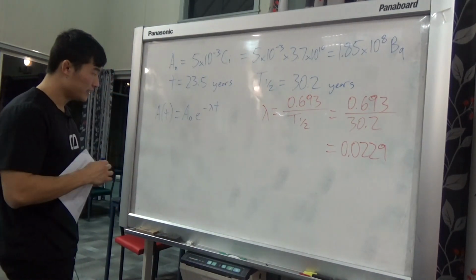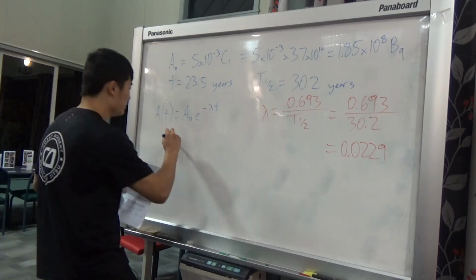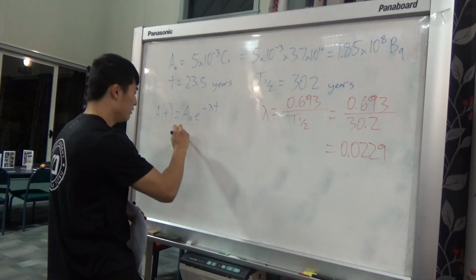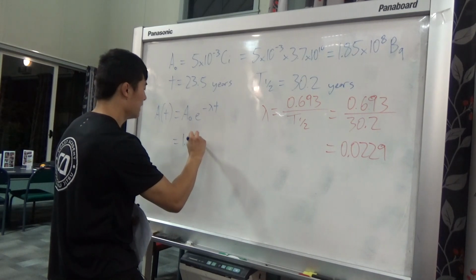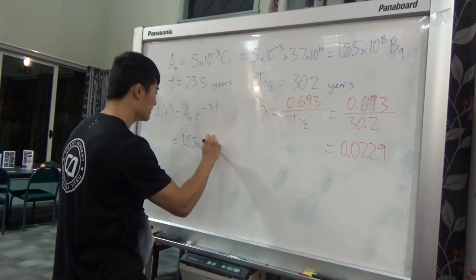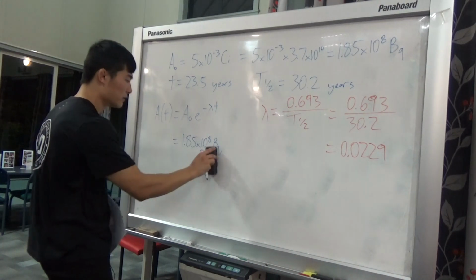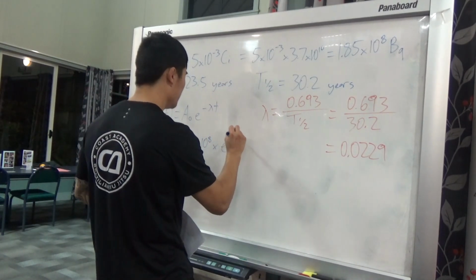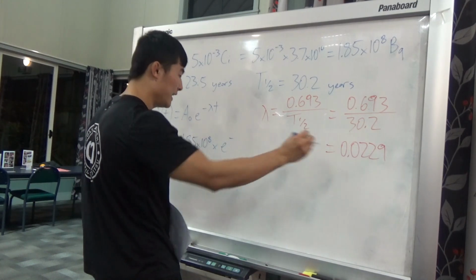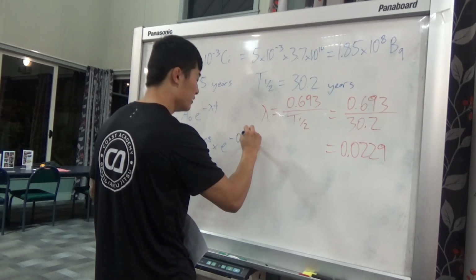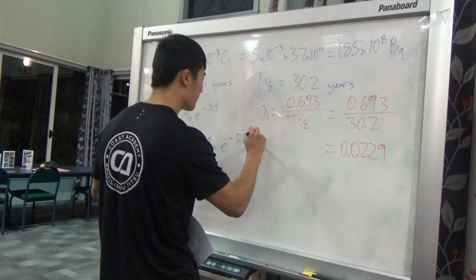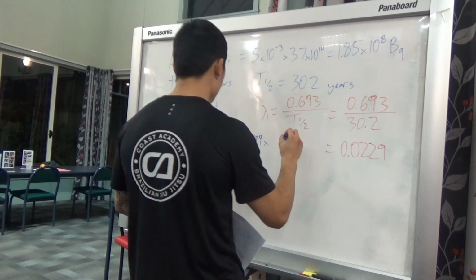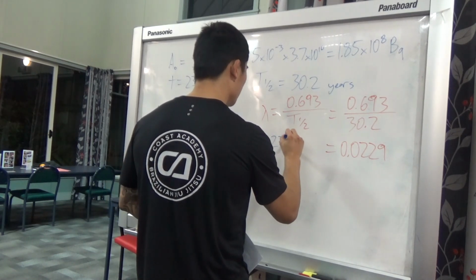So we've got a decay constant. Now we can put it all in. So original activity was 1.85 times 10 to the 8 becquerels times Euler's number to the negative decay constant, which is 0.0229, multiplied by the time, which is 23.5.